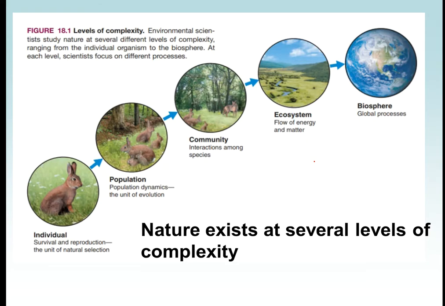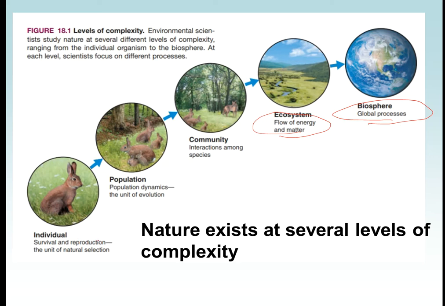Now, if we take a look at it, we've talked about the biosphere, right? We've talked about the different spheres. We have a general flow of ecosystems and how energy flows into and out of an ecosystem, how matter flows into and out of an ecosystem. We've talked just a little bit about communities, but here we're kind of moving down this nature of complexity, and now we're looking at population dynamics, and then down within the population, and we've actually already talked a little bit about individual survival.